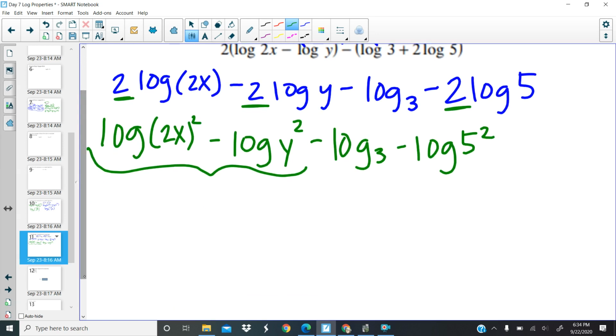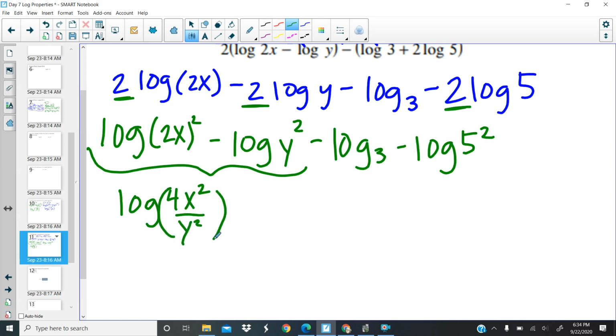So if you're combining the first 2, then you would just use the quotient rule, and you would have log of the 2x, that whole thing squared. So that would be 2 squared and x squared, so it would technically be 4x squared, and then minus log y squared, so that means that the 4x squared is going to be divided by y squared.